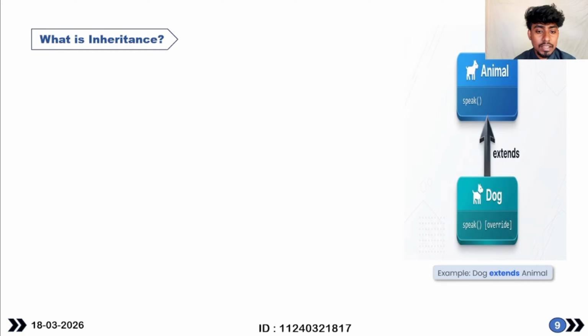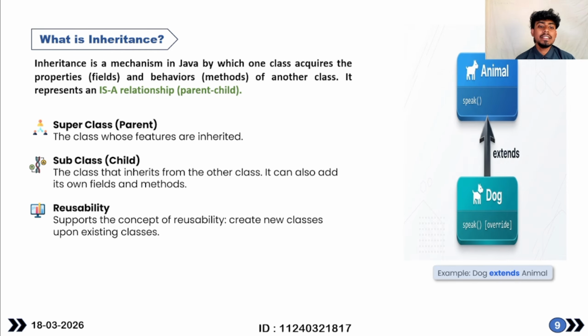As you can see on the first slide, inheritance is the mechanism that allows one class to acquire the properties and behaviors of another. If you look at the diagram here, we define the source as the superclass and the new class as the subclass, or you can say it's a child class or parent class.